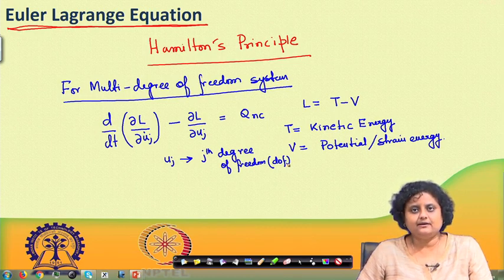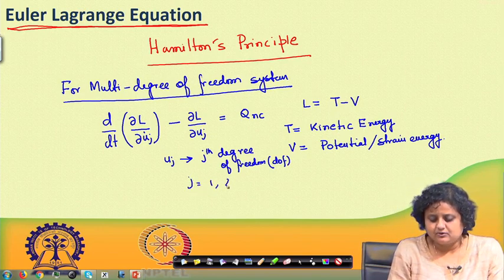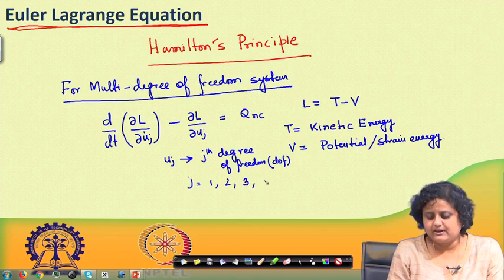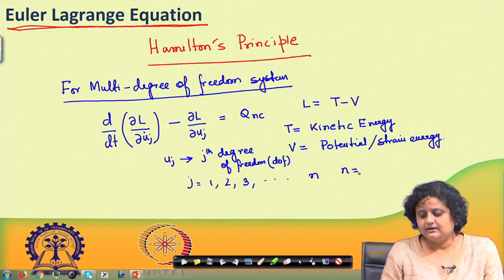For an n degree of freedom system, j is going to be 1, 2, 3 and so on till n, where n is the number of degrees of freedom.